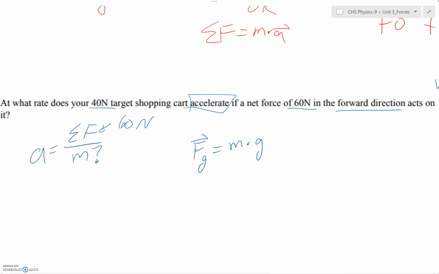If we rearrange this for mass, we divide both sides by g, and we end up with mass equals the force of gravity, or the weight, divided by g.